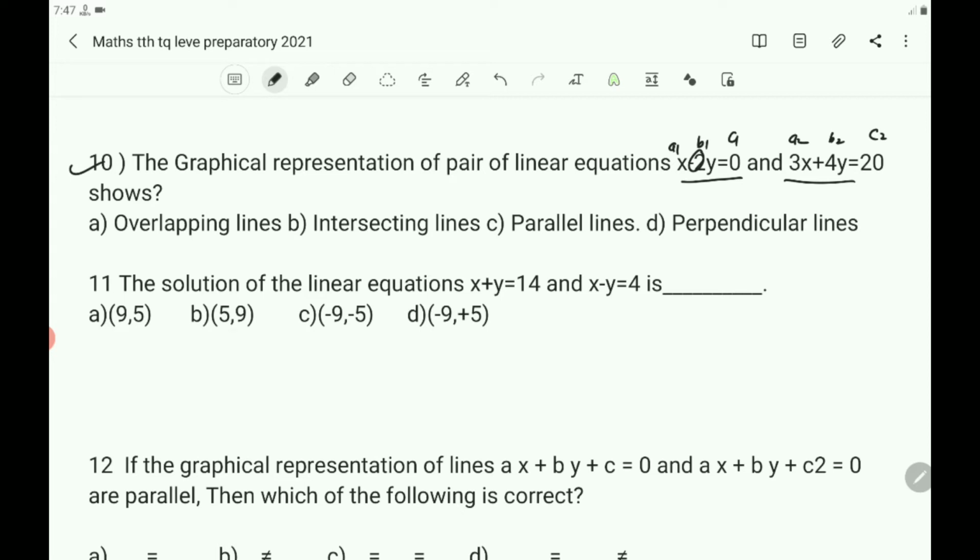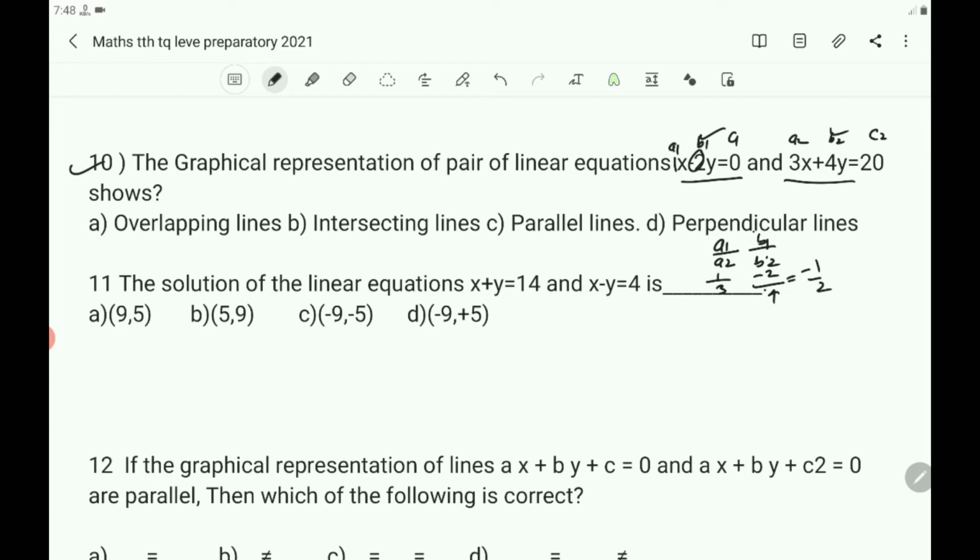Take a1 by a2, which is 1 by 3. Then b1 by b2: b1 is minus 2, b2 is 4, so you get minus 1 by 2.